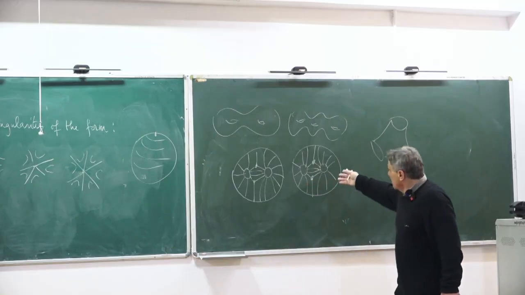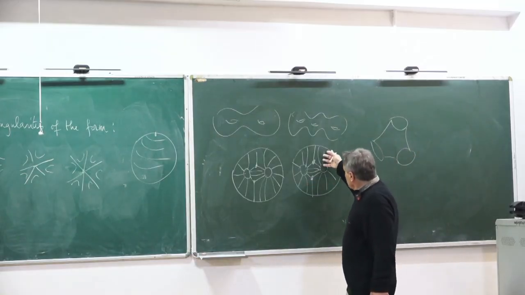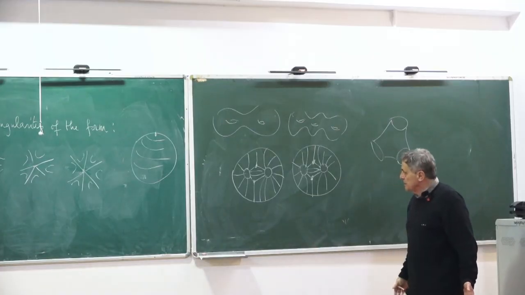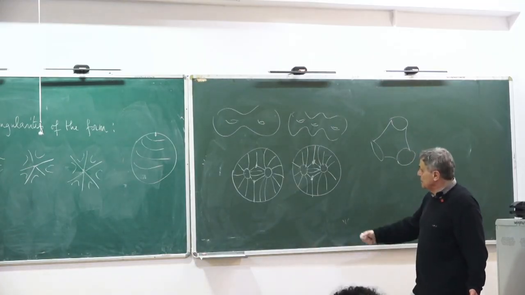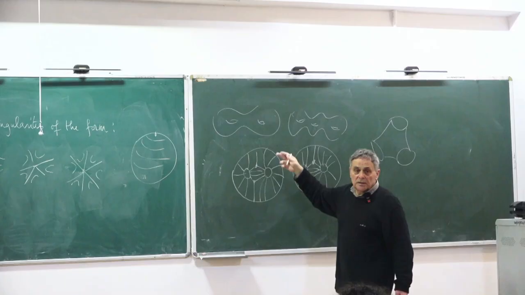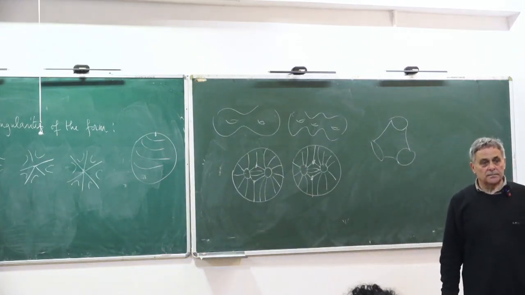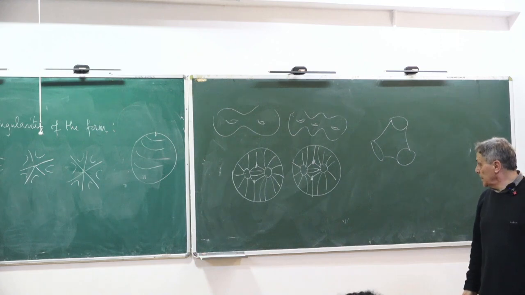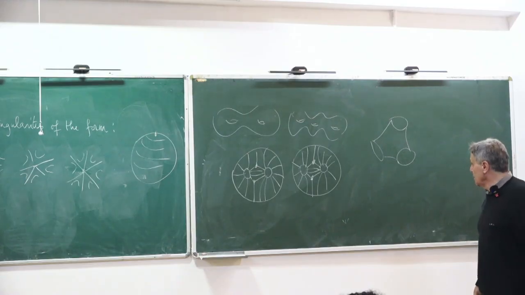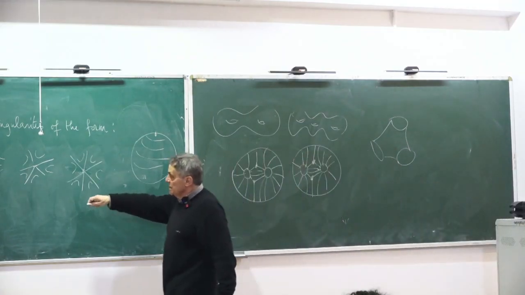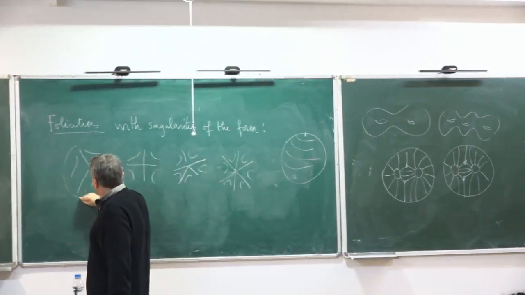Okay, so now you glue this part to this part, and what is the problem? Is there a problem in defining a foliation on this surface of genus 2? I find a foliation on the surface of genus 2 with 4 singularities of this type.